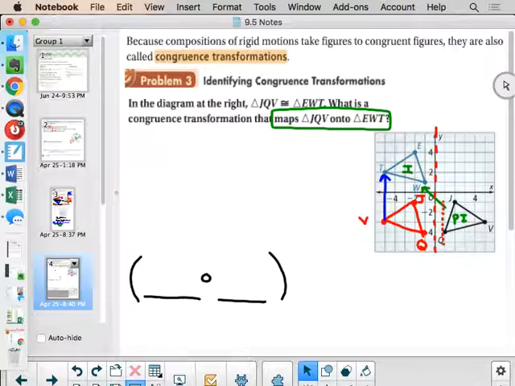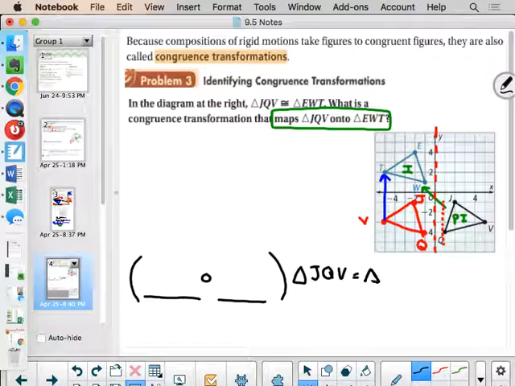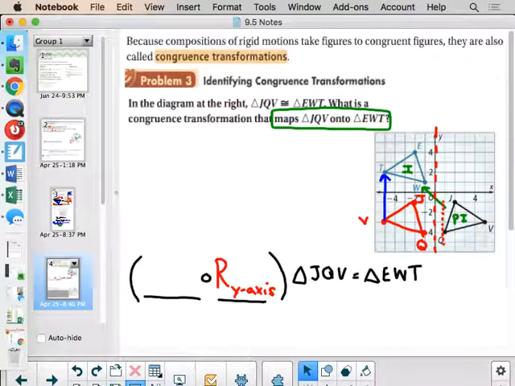I'm doing this to triangle JQV, and it's going to produce triangle EWT. First thing Miss Susie had us do, she had us do a reflection. She said y-axis. Then she said to follow that up with a translation, so capital T, of up 5.